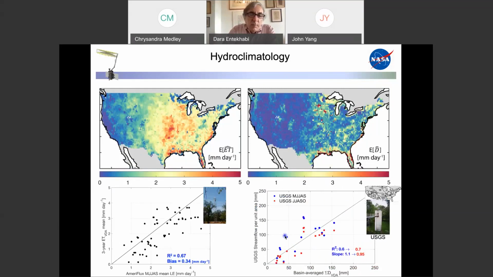And just for completeness, whatever Ameriflux stations there were in the US, we threw together for a comparison, and USGS streamflow for comparison when you average it over a basin. It's apples and oranges. These are point measurements.